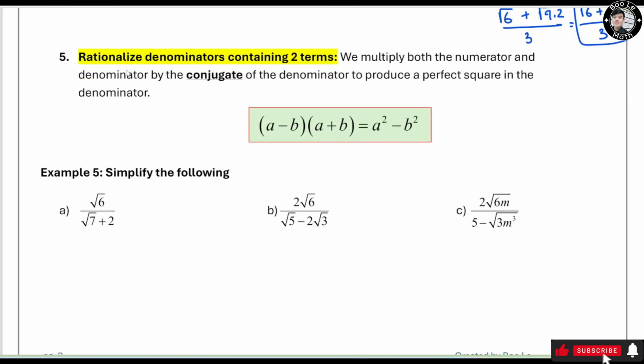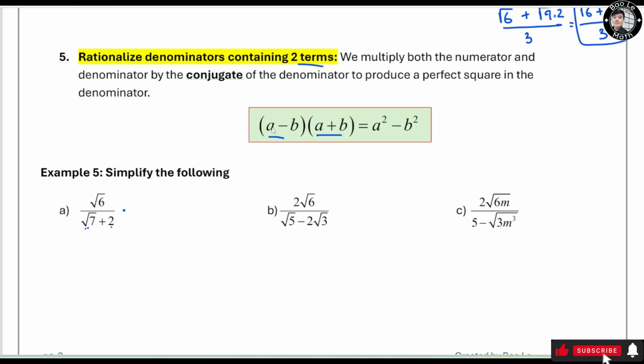Now we're going to rationalize the denominators containing 2 terms. Alright, so we need to use the difference of two squares. It is a squared minus b squared equals a minus b times a plus b, right? So we look at the denominator right here, we have 2 terms, right? So we multiply the top and bottom by the conjugate.